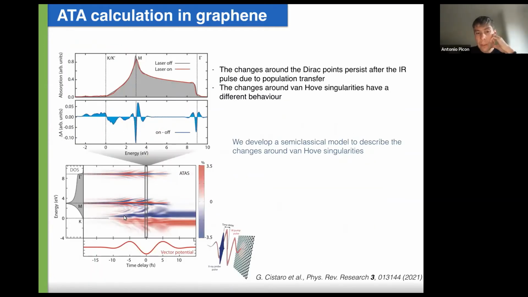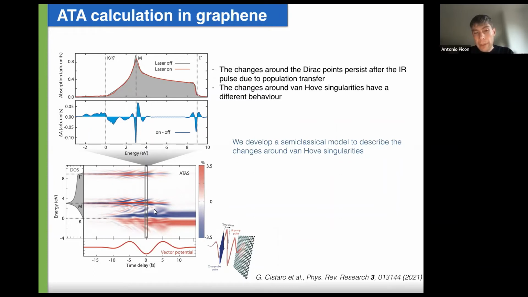This is what we are noticing here in the blue. Similarly for the valence band, the red means that the absorption increased. So we have more holes created, which means they are unoccupied, and then the core electron can now occupy these states that were occupied before. So the absorption increases.